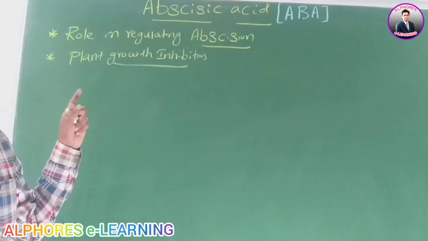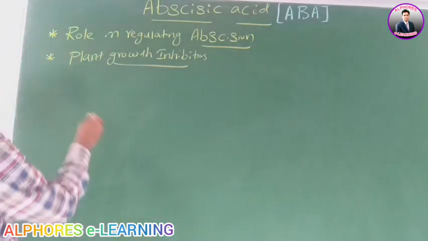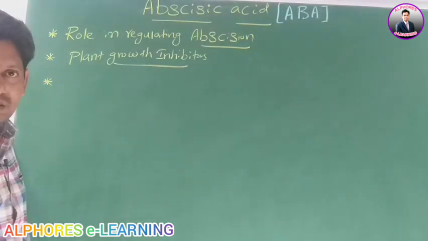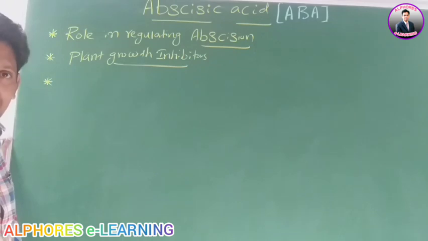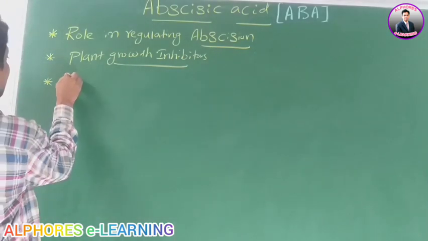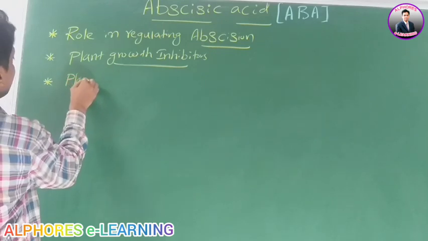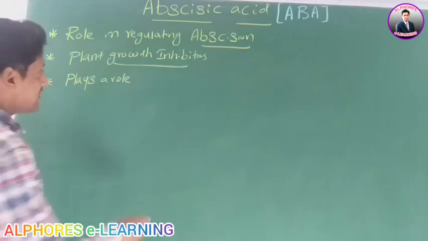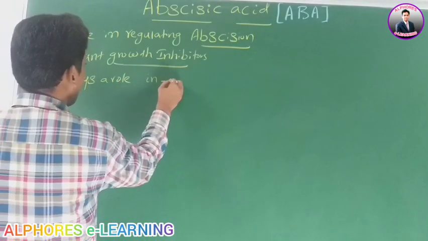This abscisic acid plays a role in seed development, maturation and dormancy. Abscisic acid plays a role in what?